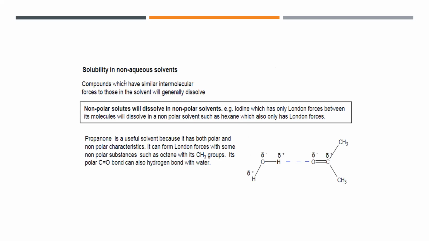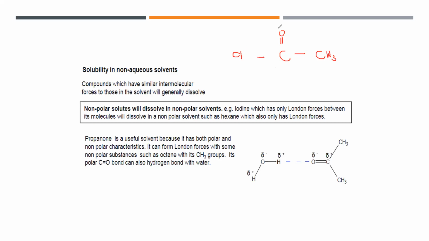Is it clear? So as you can see, for non-aqueous solvents, compounds which have similar intermolecular forces will dissolve. Propanone is also a useful solvent because it has both polar and non-polar character. For example, C double bonded with O, CH3 and CH3.